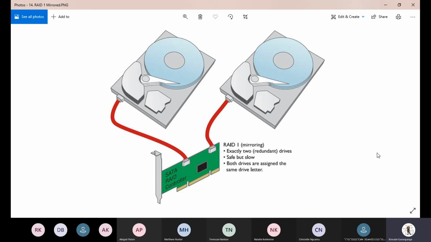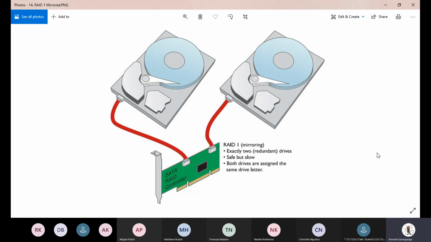This one is slightly slower. Why? Because you only have one controller that you're using. So you've got one controller that is responsible for both drives, where one drive is acting as the original drive and the other as the backup drive, if you want to look at it from a different point of view. So the read-write processes, regardless of whether you're running SSD or traditional environments, are actually happening through one particular controller.